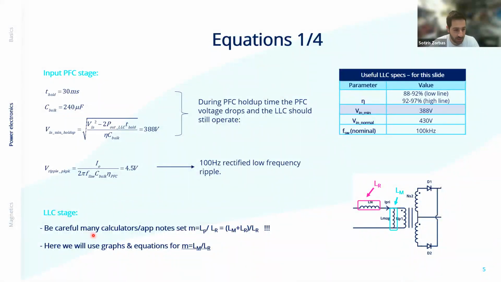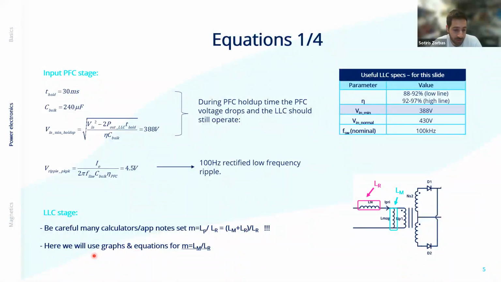Now, this is a point of confusion for a lot of people. When you see application notes describing how you should select the ratios of primary and leakage, the magnetizing and leakage inductance, as you can see in the diagram here, specified as LR and LM, many calculators use this convention, which is M equals the primary inductance divided by the leakage inductance, where the primary inductance is the sum of the magnetizing and the leakage.